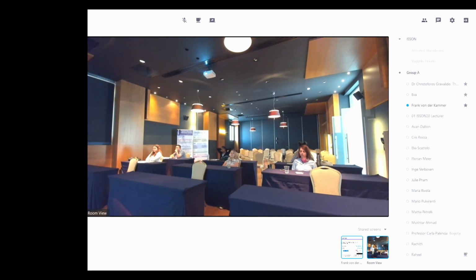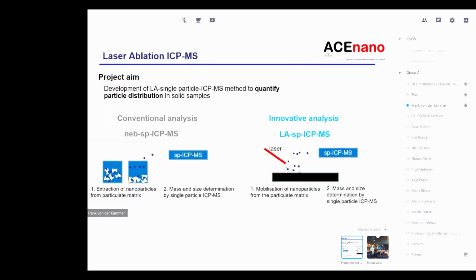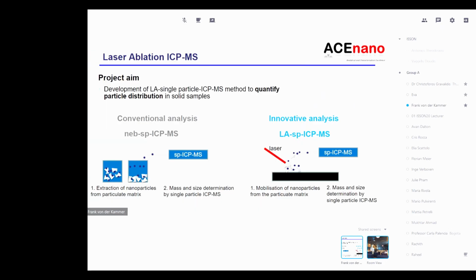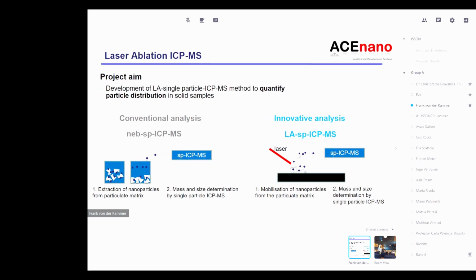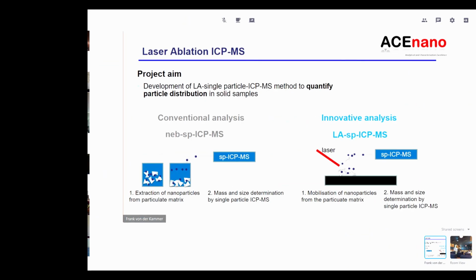So we extract the particles with a dispersant using ultrasonic power, hope that we release the particles from the soil matrix, and then measure those released particles in single particle ICP-MS. The efficiency and the recoveries of this technique are usually around 20 to 30%. So we are not usually capturing all the particles that are in the soil, because the adhesion between particles and soil is relatively high and cannot always be broken up by those liquid techniques.